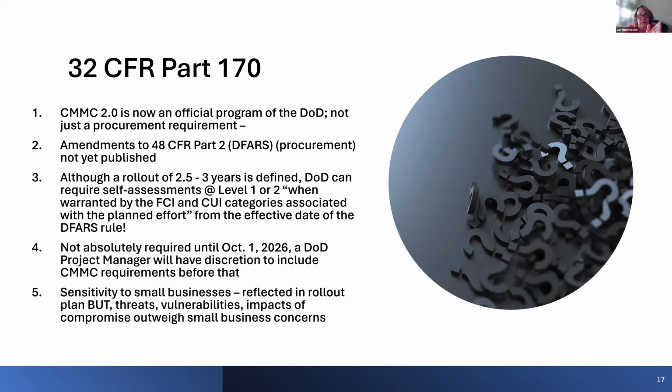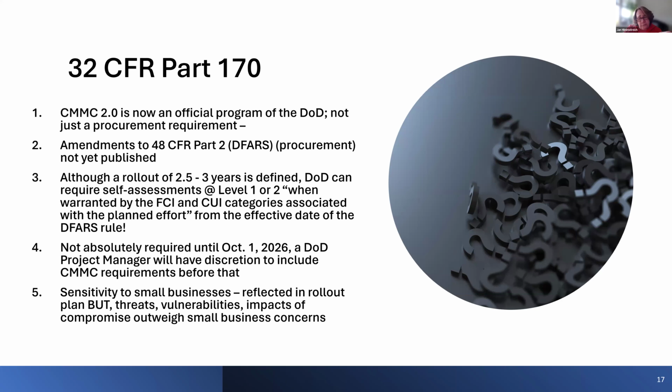And those are quotes right out of 32 CFR Part 170 there. If you have a question, which I believe we have, it is not absolutely required to be in a contract until October 1st, 2026. But there is a lot of discretion and flexibility for a project manager, which is what they actually state.